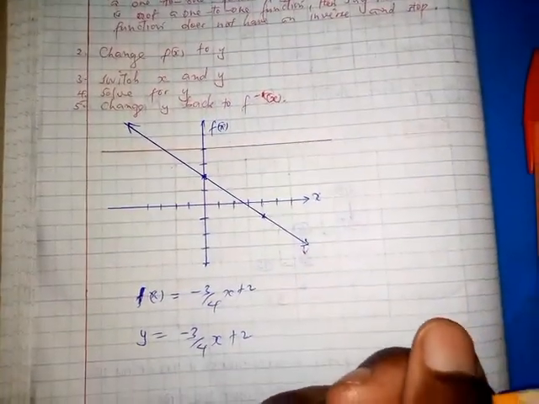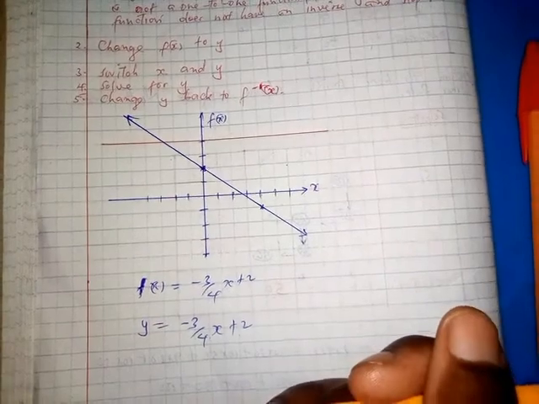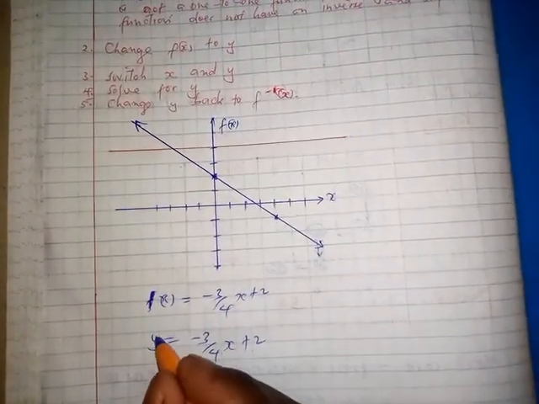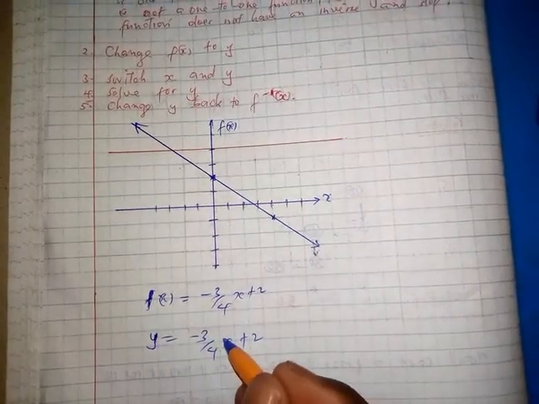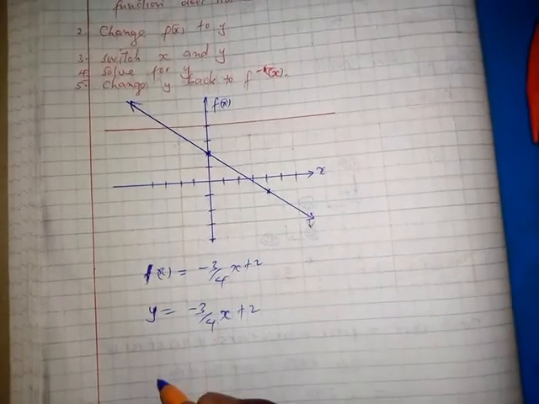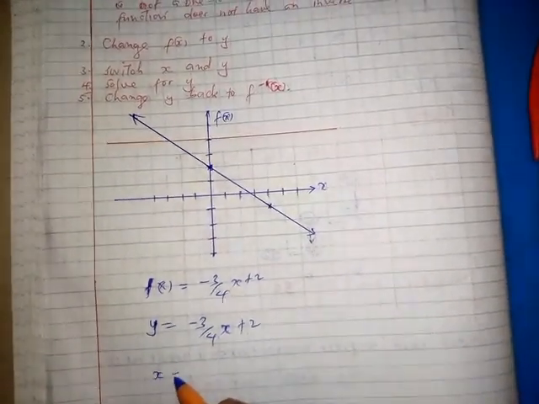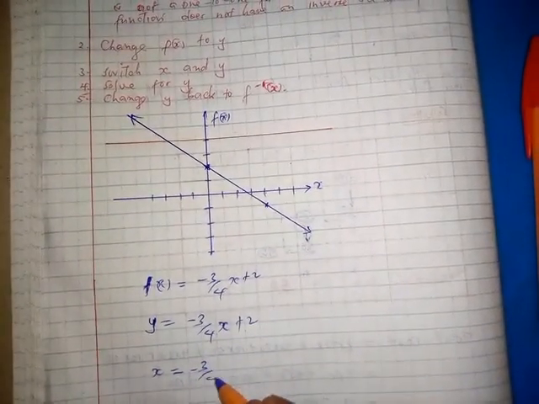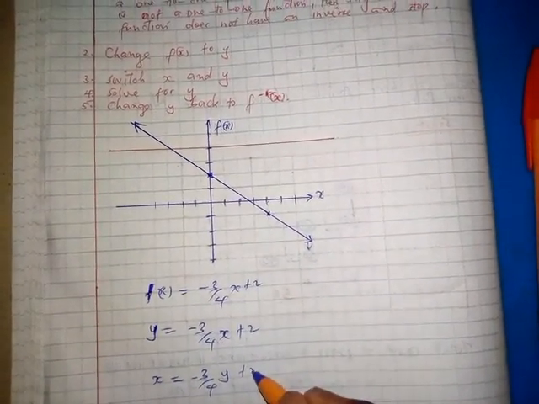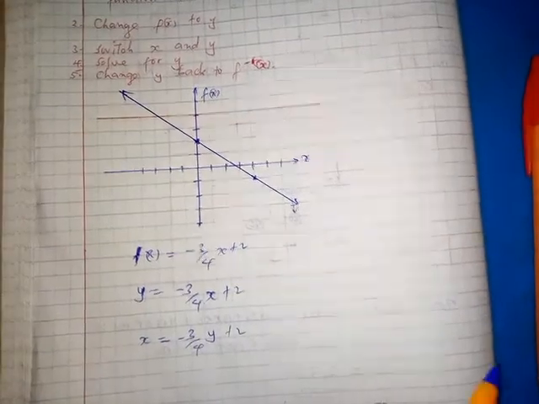Where there is x, we put y. Where there's y, we put x. So x is equal to negative 3 over 4 y plus 2. We are done with step 3.